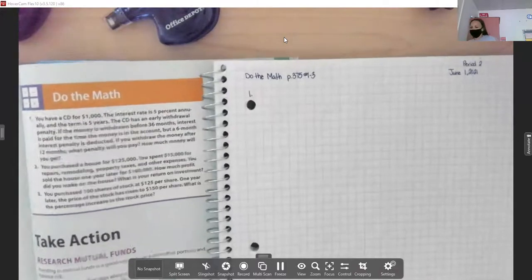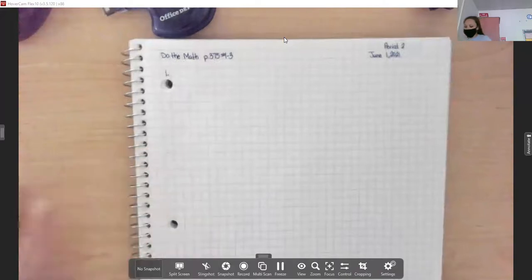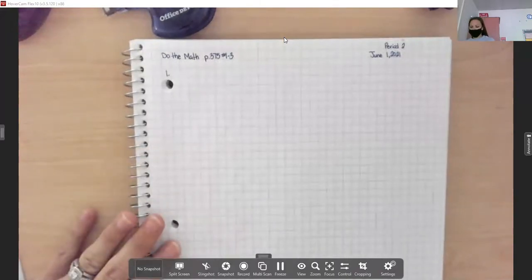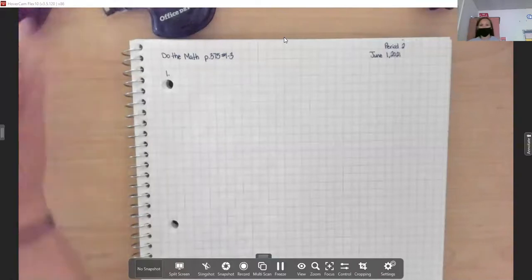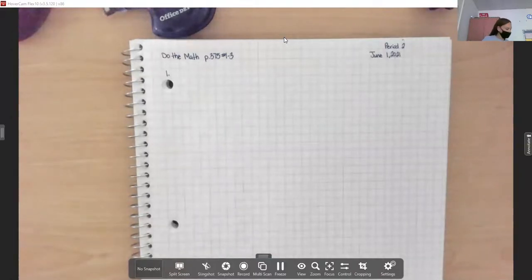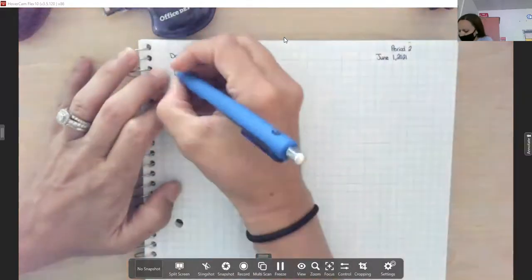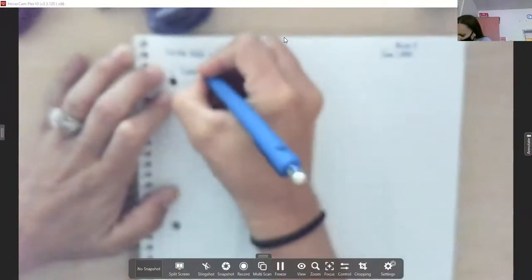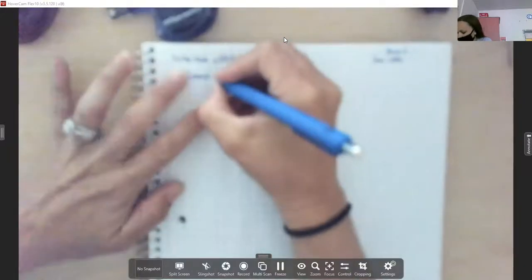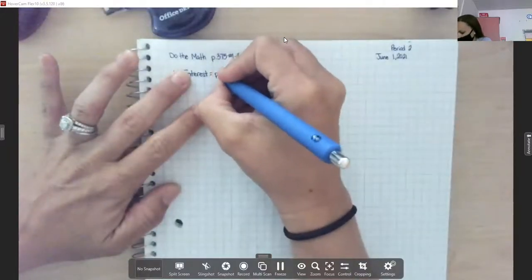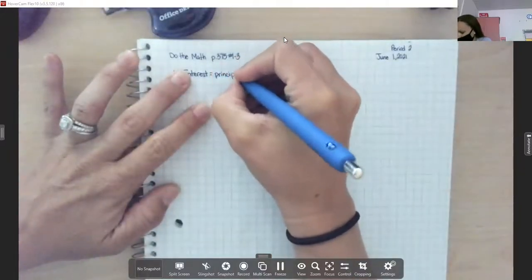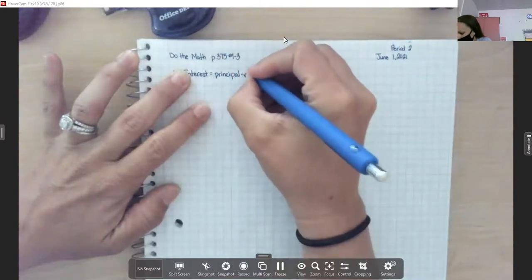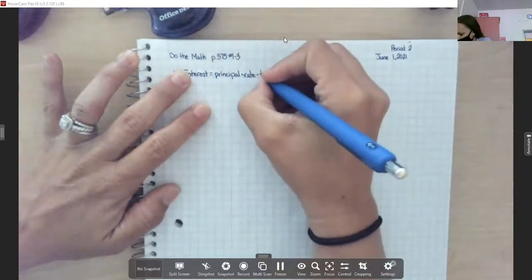All right. I'm trying to move that so it can be flat. All right. So, it said you withdraw the money after 12 months. So 12 months is 1 year. All right. So interest. We know, hopefully, is principal times rate times time.